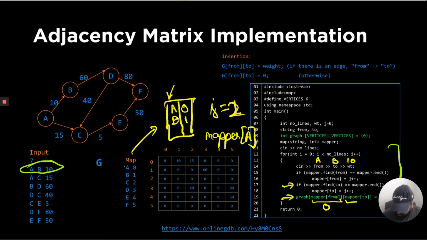Next, mapper of 2 is going to return the value 1 because there's a one-to-one mapping of B to 1. So the corresponding location in our graph, which is initially everything was 0, right? Because we defined a new matrix. So it's going to change that to weight, which is weight is 10. So at location 0 and 1, we are going to change this to the value 10. So 10 will be inserted.